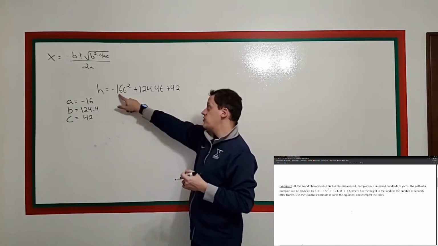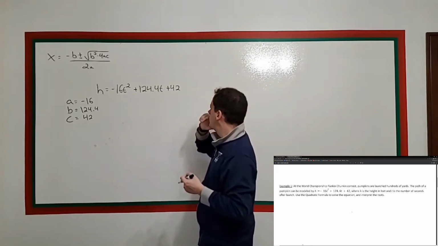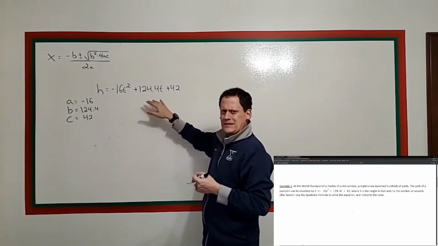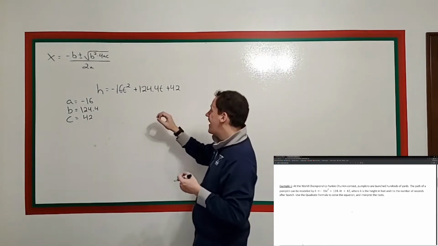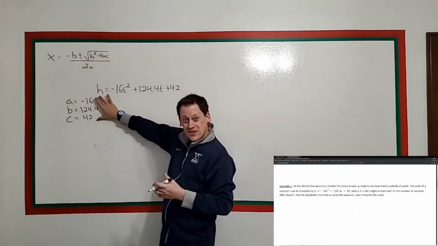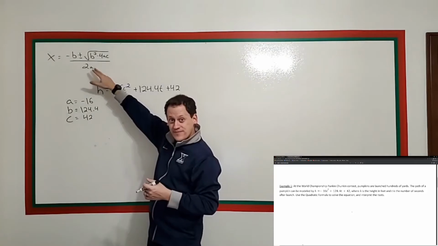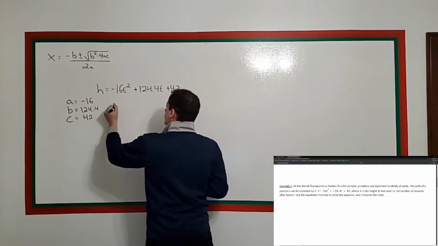Ooh, this is actually a perfect square, but 42 isn't. And you could complete the square here, but let's not. I would much prefer, especially since I know the values of all these variables, just plug them into this formula. I think that's a good alternative. So let's plug them all in.